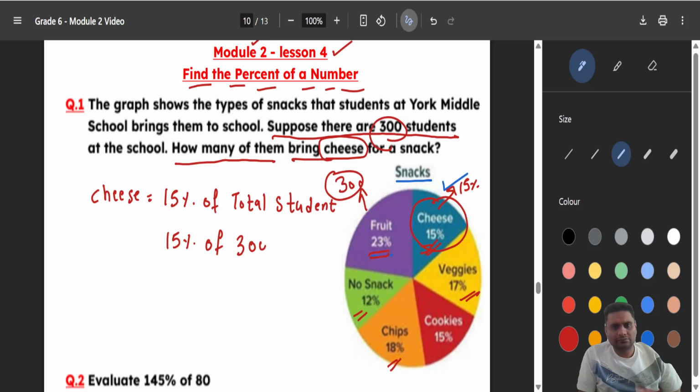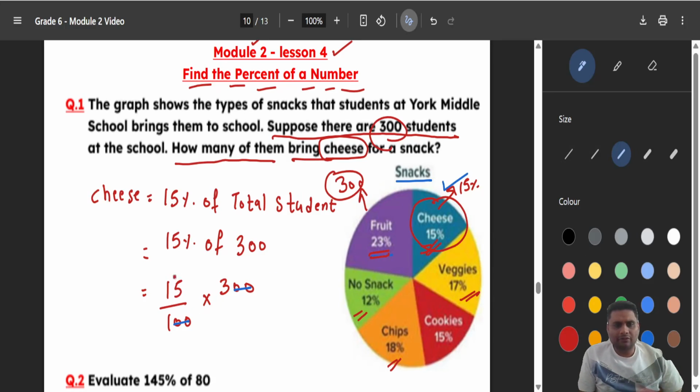Of 300. Now we have to solve this. Percent means divided by 100. Of means multiply, and here 300. Now I can see two zeros down at the end and two zeros up at the end. So up and down two zeros, finished. What do I have now?